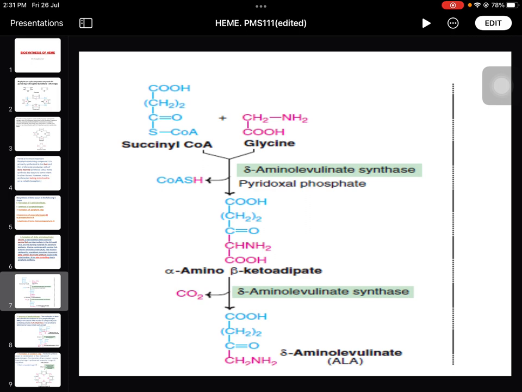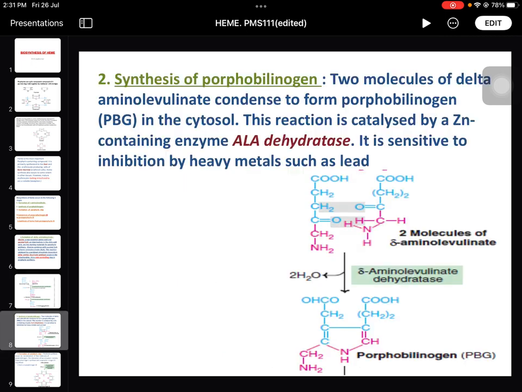So, here succinyl-CoA condenses with glycine in presence of the enzyme delta aminolevulinate synthase. Here pyridoxal phosphate is a coenzyme which can form an intermediate. That intermediate is alpha amino beta keto adipic acid. Thus, it can form delta aminolevulinic acid.